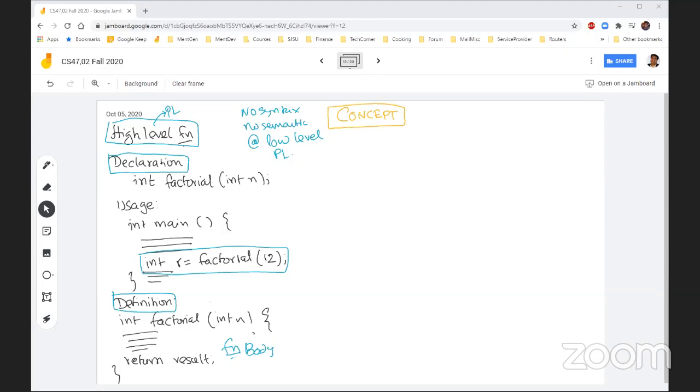And what is that concept level? It starts with a label. You can name that label anything.